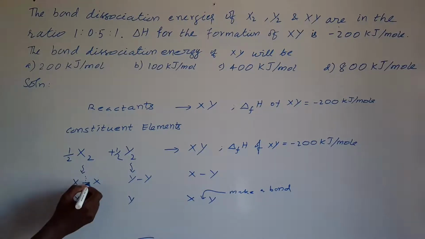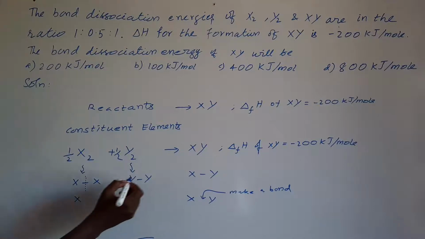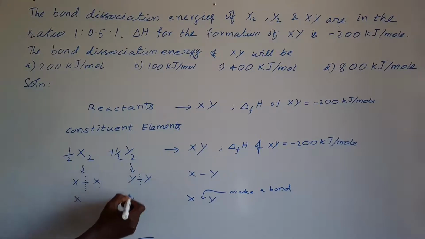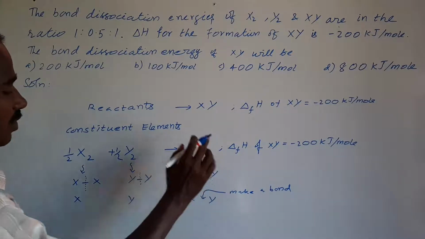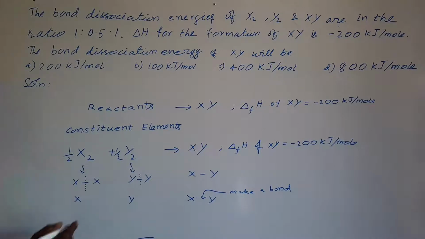We have to break this bond, then X will get free. We have to break this bond, then Y will get free. Then this X atom and Y atom come closer and make a bond, then XY will be formed. So we have to break the bonds here. For breaking a bond, energy is required.